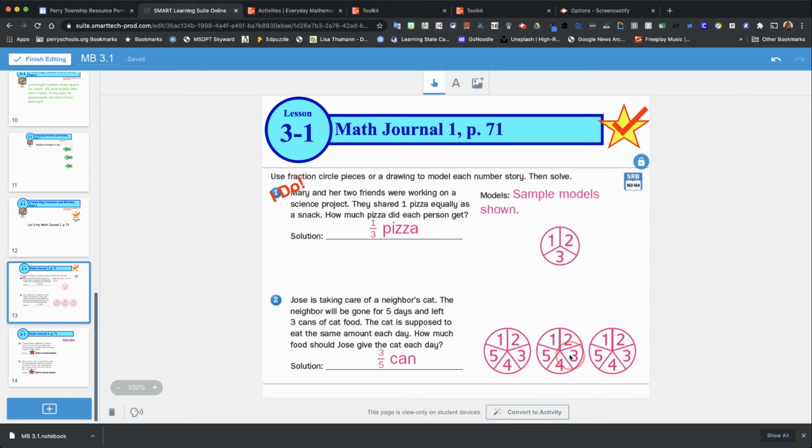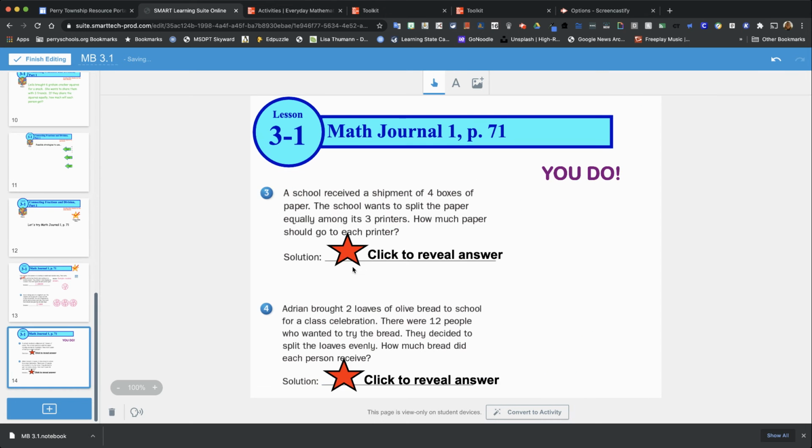So if I'm only looking at day 1, I see they get 1, 2, 3. And remember, it's not how many pieces we have total, but how much equals 1. And so we see that each can holds 5. So it's 3/5 of a can is how much food the cat should get each day.